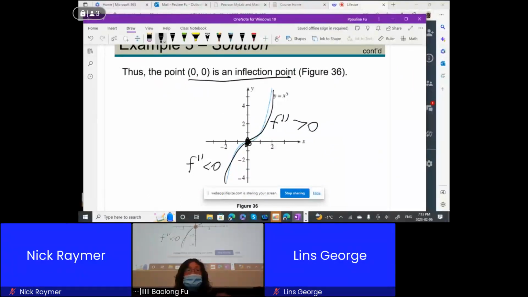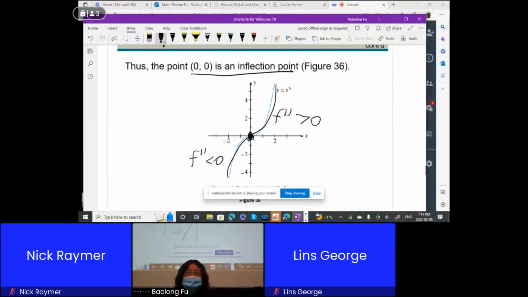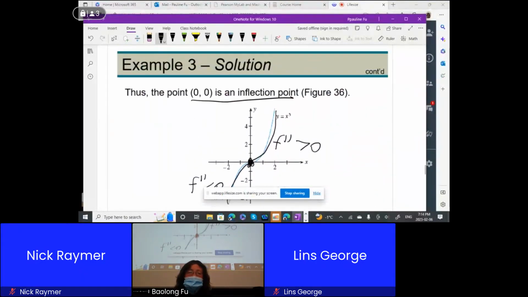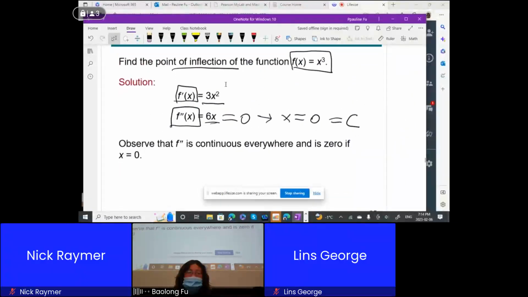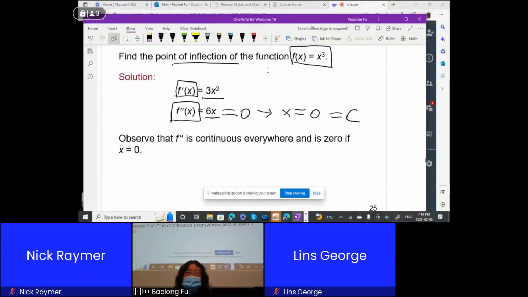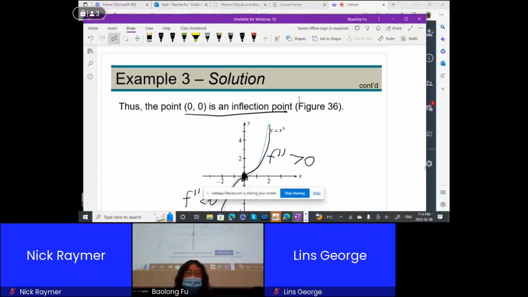Not the function itself, the second derivative. Any questions? How do you find the inflection point? Okay.